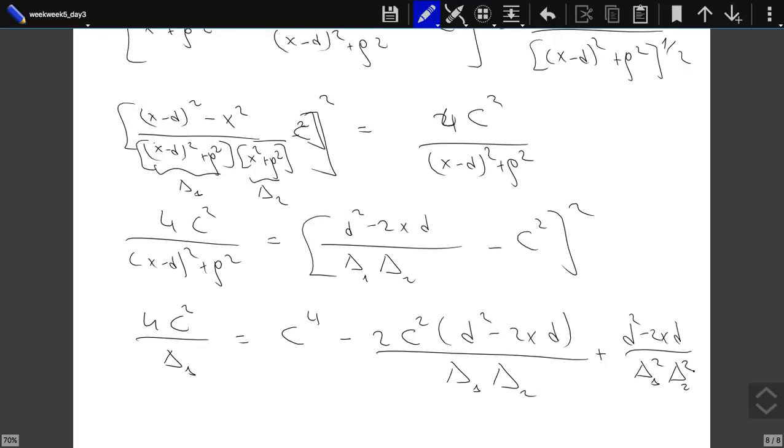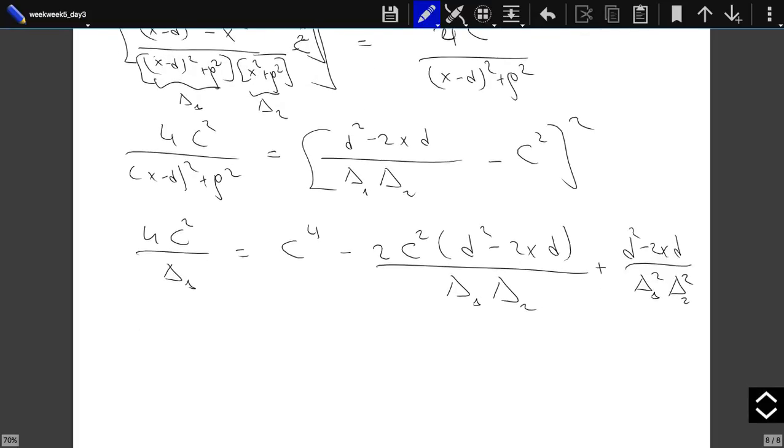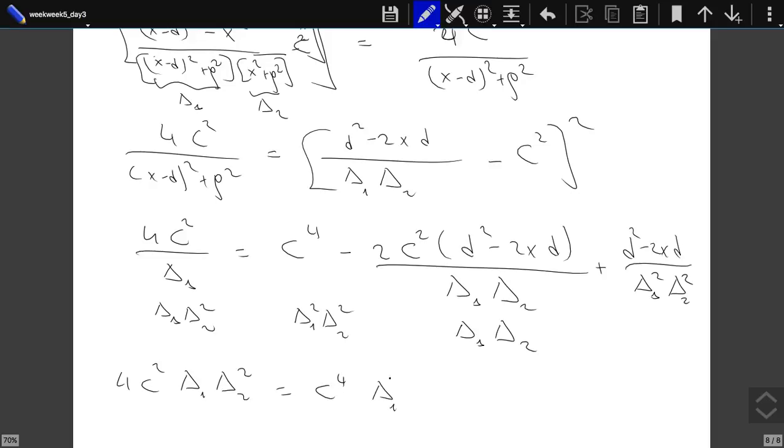Well, this still doesn't look like a sphere. I mean, when I equate the parentheses, etc. Let's see. Let me multiply this one by delta 1 delta 2 squared, this one delta 1 squared delta 2 squared, this one delta 1 delta 2. 4c squared delta 1 delta 2 squared should be equal to c to the 4 delta 1 squared delta 2 squared minus 2c squared.